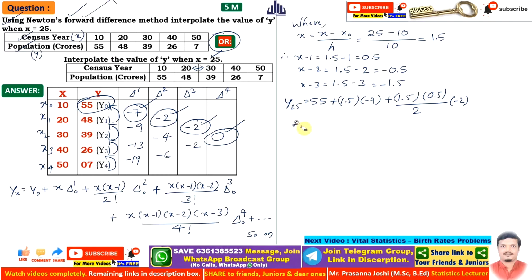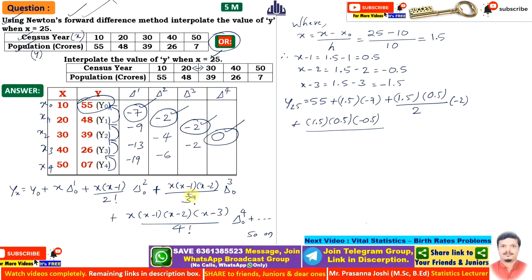Then plus x into x minus 1 into x minus 2 divided by 3 factorial, that is x value is 1.5 into x minus 1 is 0.5 into x minus 2 is minus 0.5 divided by 3 factorial, that is 3 multiplied by 2 multiplied by 1, that is 6, into delta 0, 3. Delta 0, 3 is minus 2.